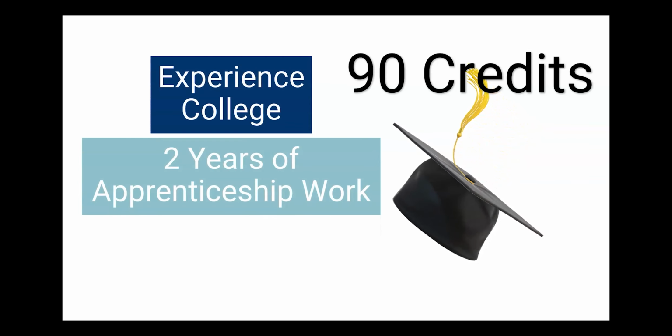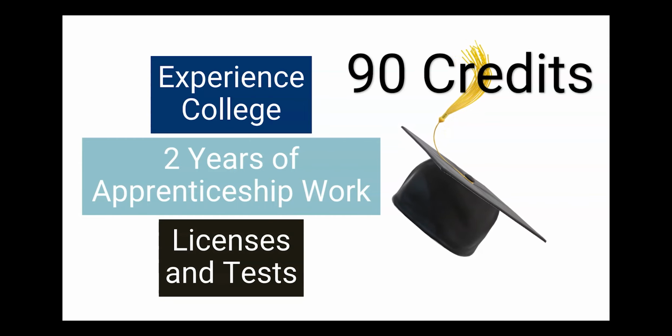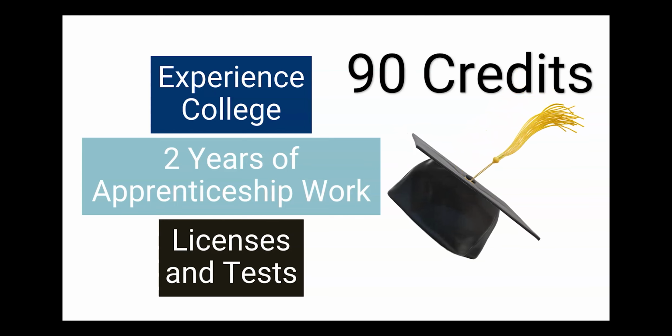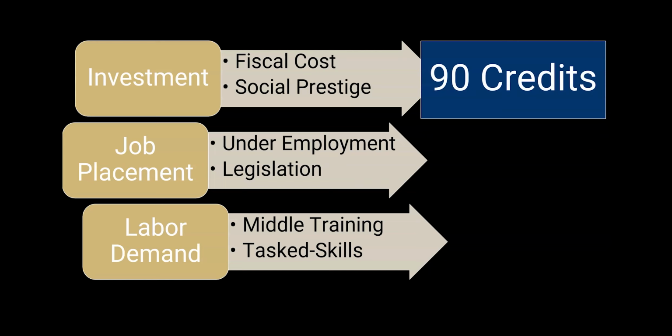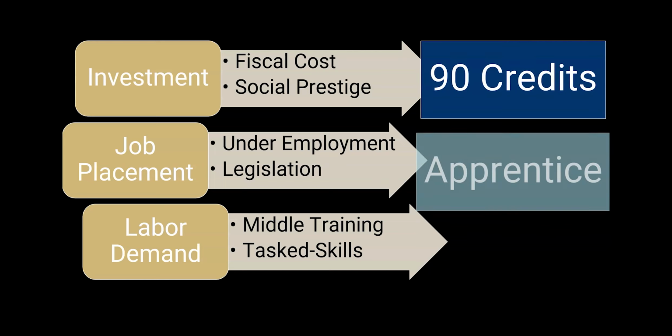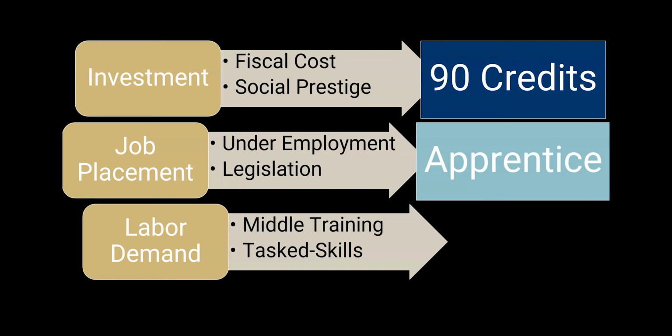As I have my summary, in 90 credits, you're gonna get to experience college, live in the dorms, all that kind of stuff. You'll get 2 years of apprenticeship work with a partner, and then you'll graduate licensed into the trade of choice. Returning back to investment was a problem. Oh, this is a shorter degree, but you still get to go to college. Job placement was a problem.